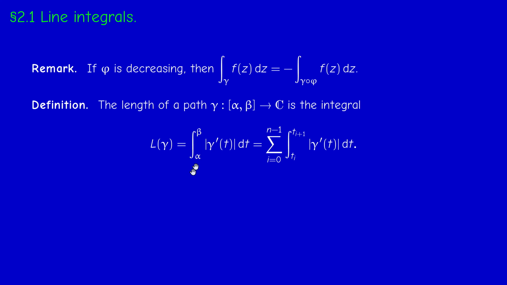It comes from the fact that if we have a piecewise smooth path gamma, we can approximate it by a polygonal line, and then we let the subdivision tend to infinity. So we get at the limit this integral. Such things are usually done in first or second year. So this is the length of a path.